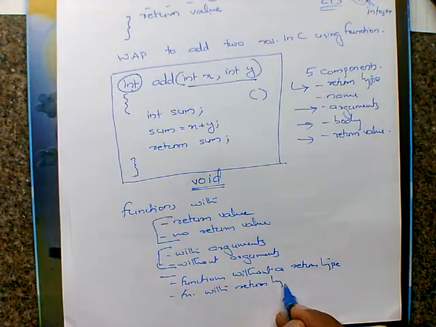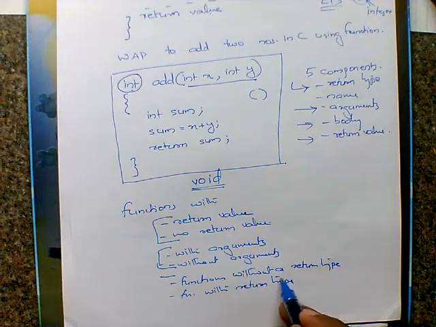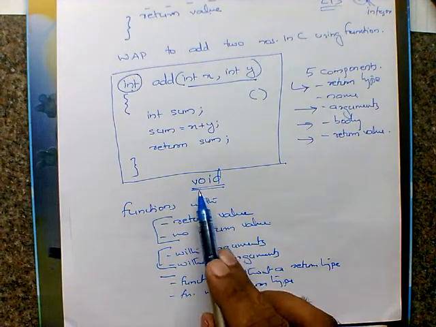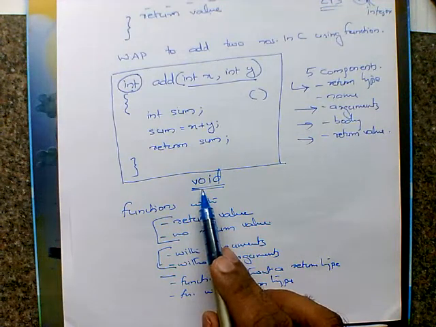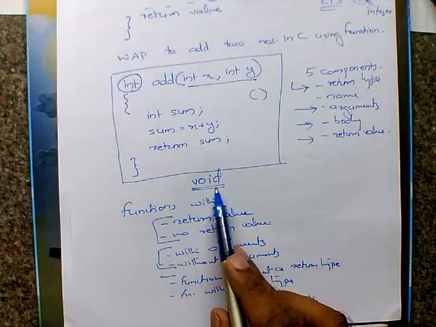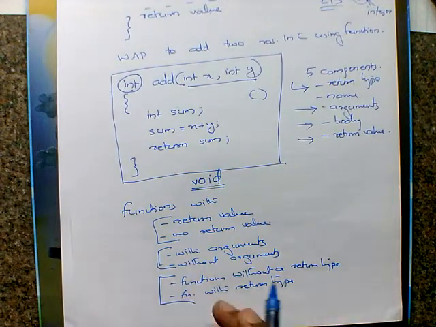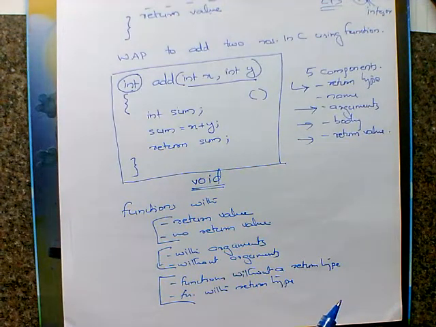But you must notice, you can say it like this: functions without a return type, but you must write void. If you don't want to return anything from the function, in that case you must write void. It's okay. So these are another categorization of functions. Now I think you understood the basic concepts behind functions.